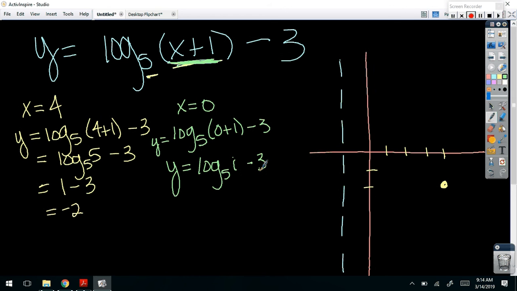So it'd be 0. That's a 1. Yes, that ends up being 0, because 5 to the what power is 1? Anytime that number is 1, it equals 0. Anytime your A is 1. It's a nice little property that you can remember. It's always 0.